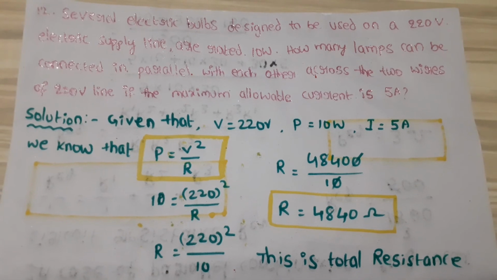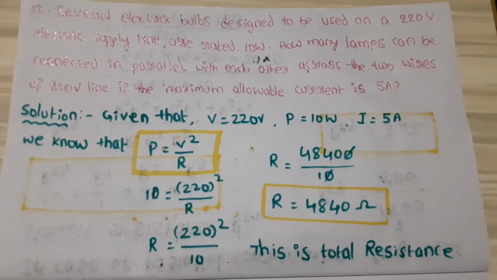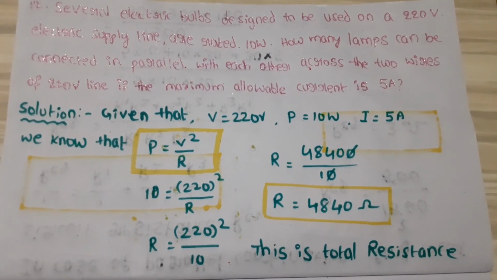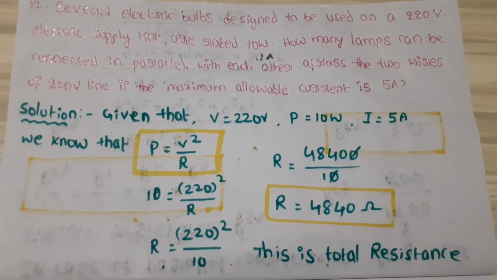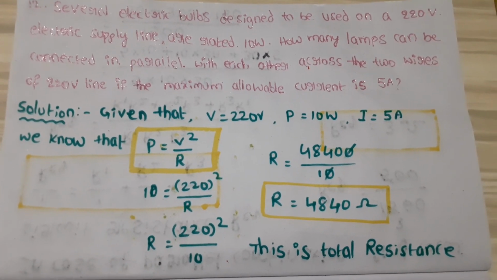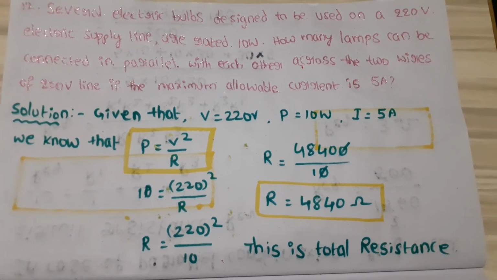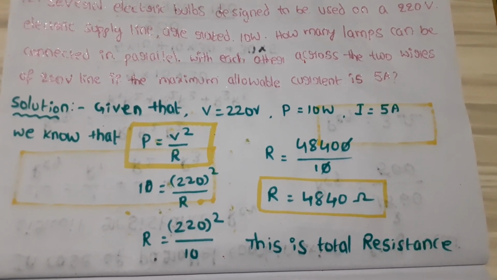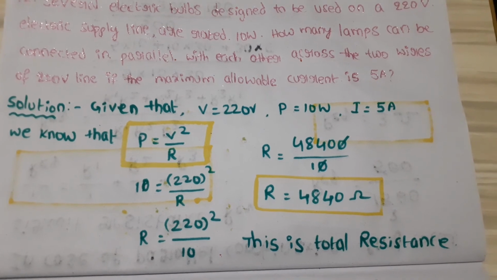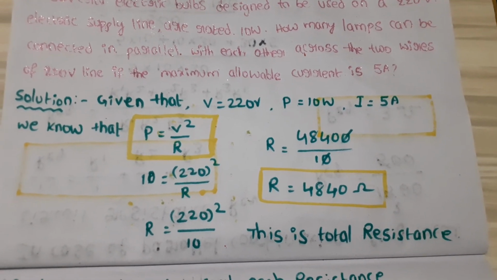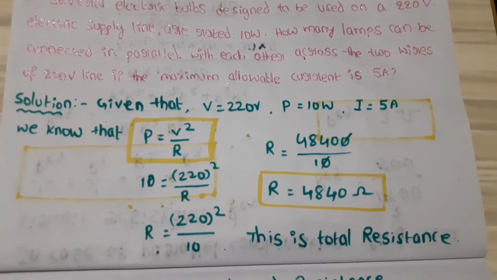Next, question number 12. Several electric bulbs designed to be used on a 220 volts electric supply line are rated 10 watt. How many lamps can be connected in parallel with each other across the two wires of the 220 volts line?